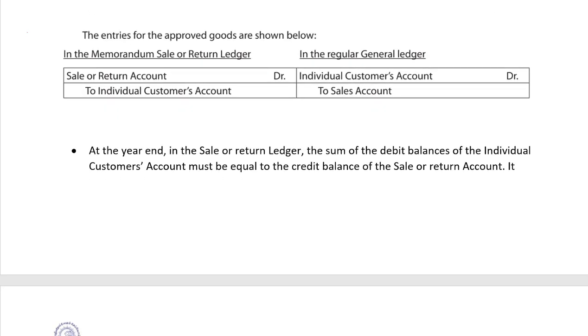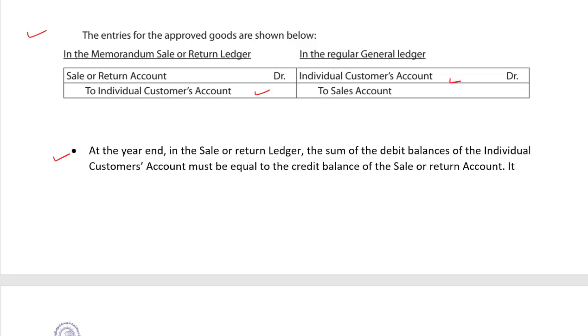The entries of approval goods are shown below. In the memorandum sale or return ledger, the sale or return account will be debited and the individual customers' accounts credited, and in the regular general ledger, individual customers' accounts are debited and the sales account credited.